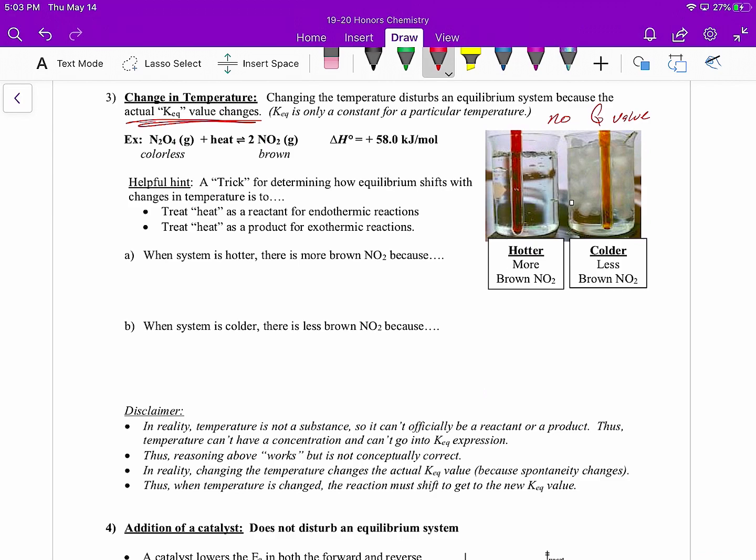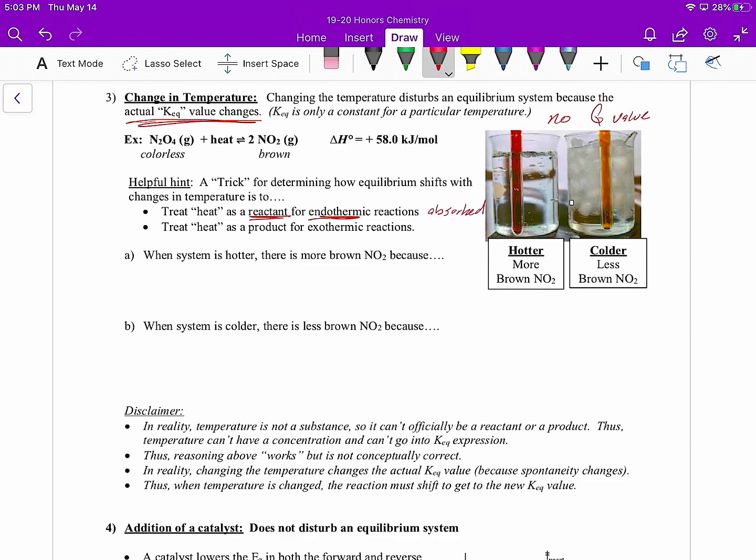A little shortcut you can use is to think of the heat as either a reactant or a product. If you have an endothermic reaction, in other words, heat's being absorbed, you can think of heat as being a reactant, or in other words, being on the left side of the reaction.